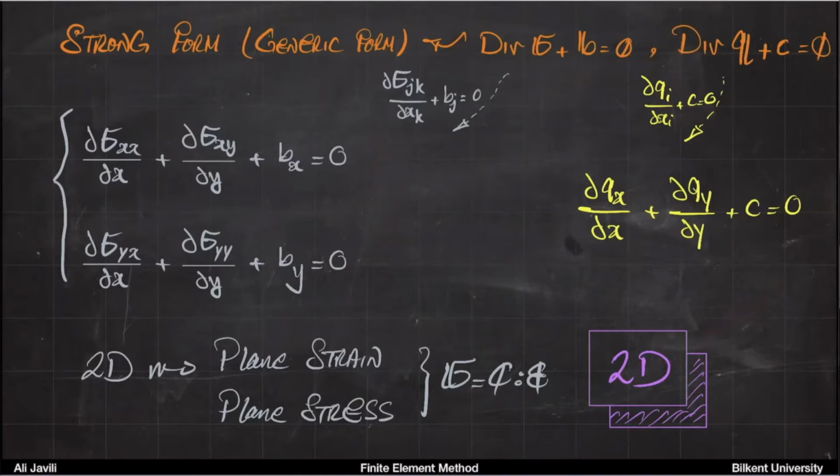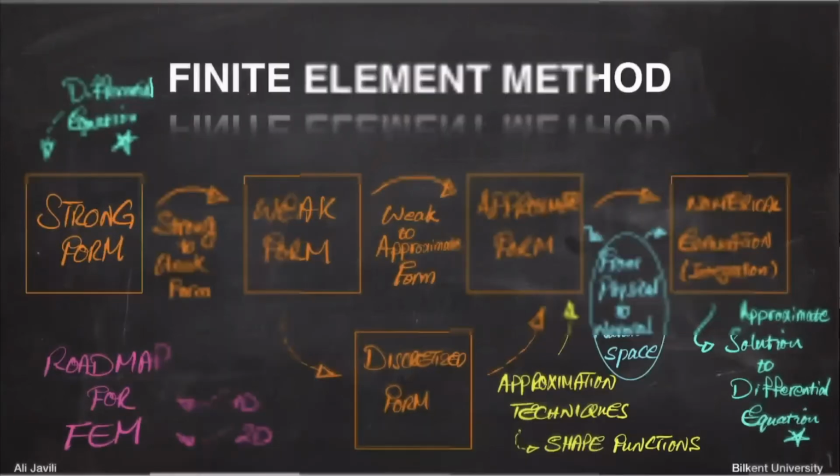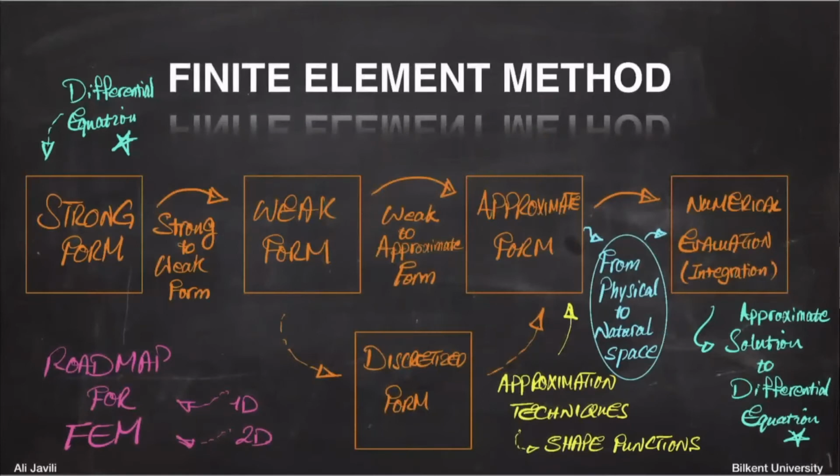All right, now if you remember what we did in our roadmap here, we went from strong form to weak form, and then we talked about these approximations, and we learned these shape functions basically. So we did this step first, and then we did this step afterwards.